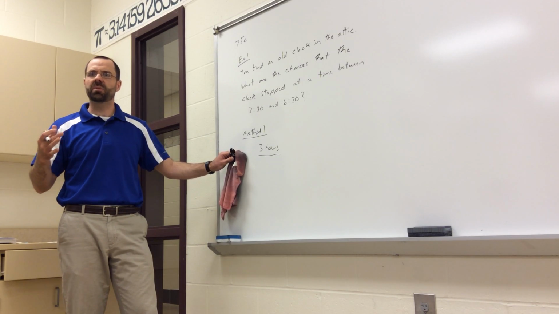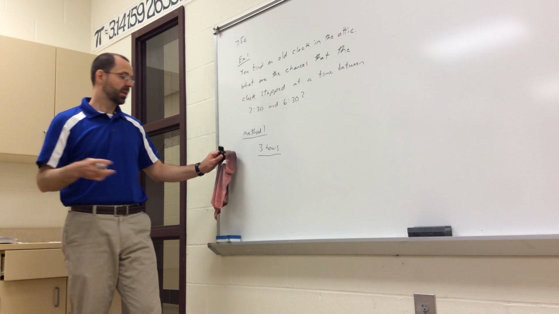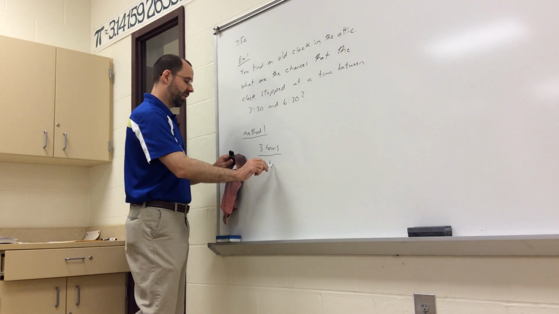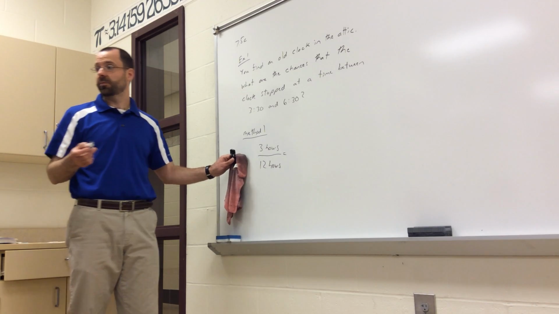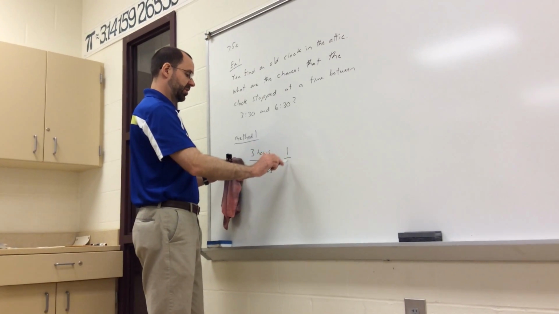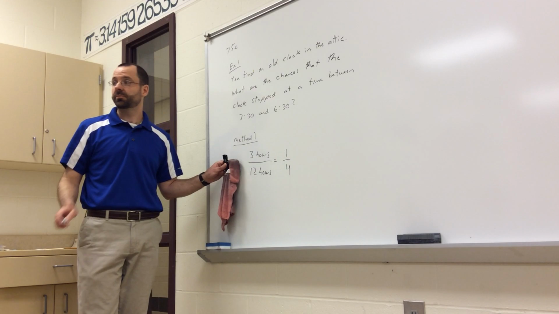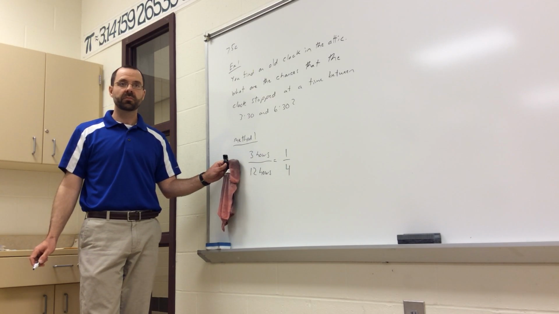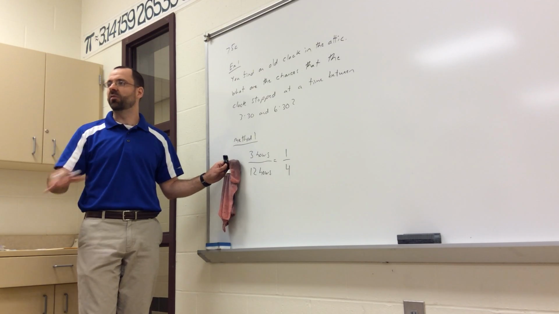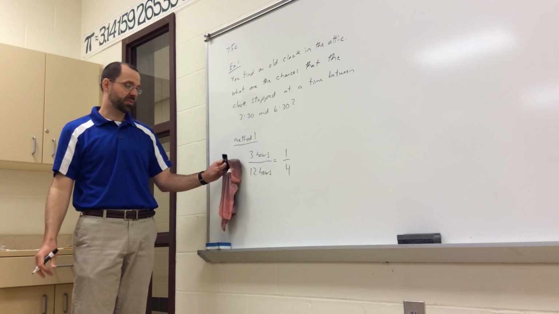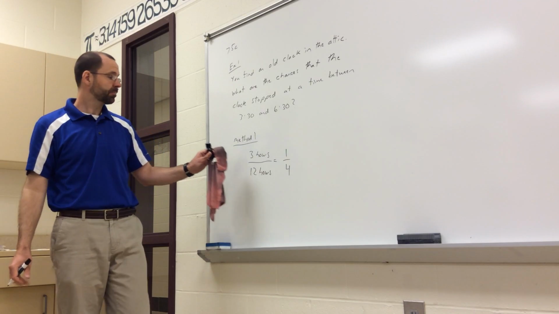Because there's no AM or PM, so there's not 24 hours. So the chances are 3 out of 12 that it stopped between 3:30 and 6:30. So the correct answer to this problem is 1/4. So 3 total hours between 3:30 and 6:30 out of 12 total hours that could have stopped. So that's why the chances are 1/4.